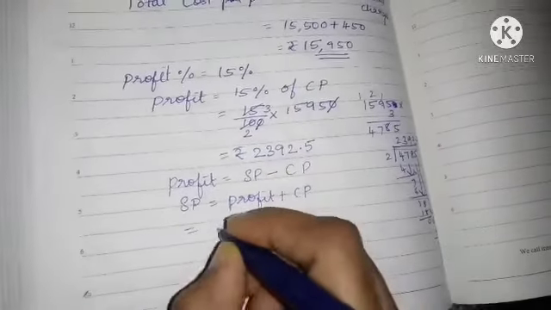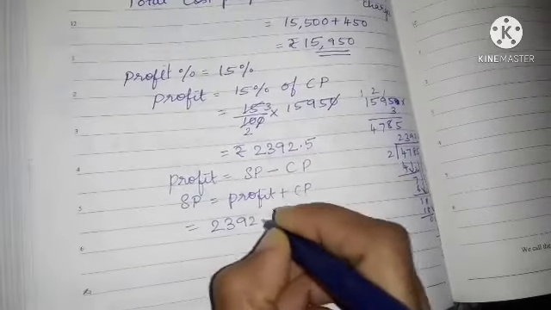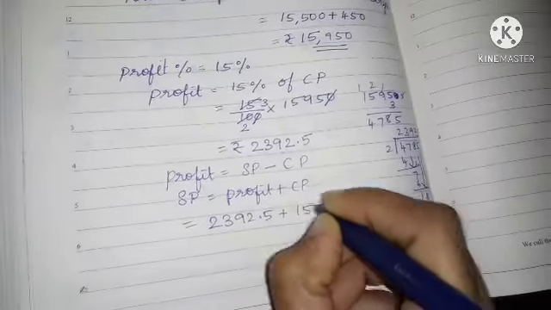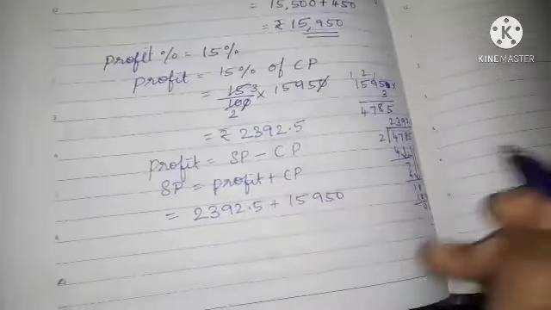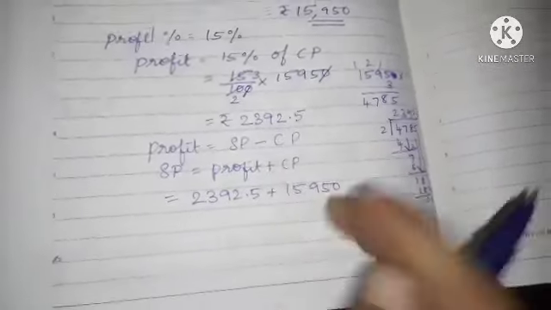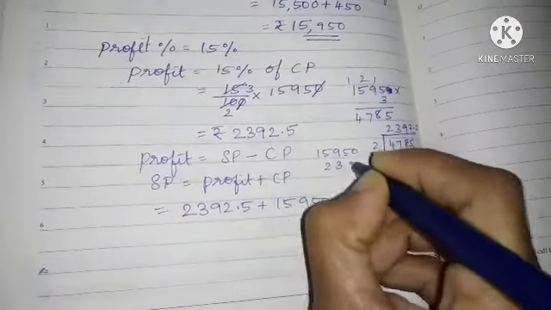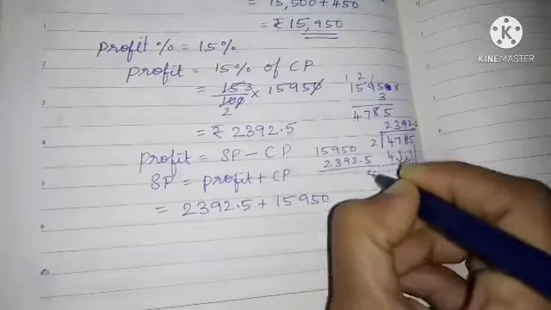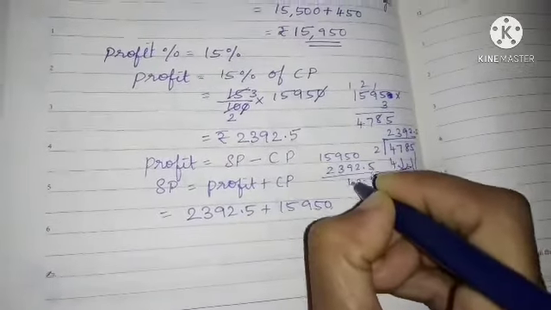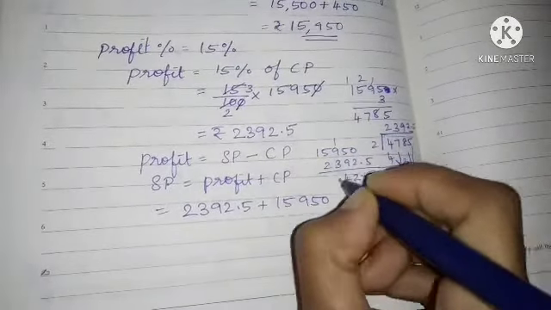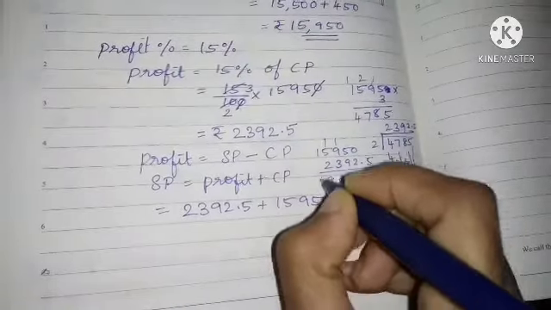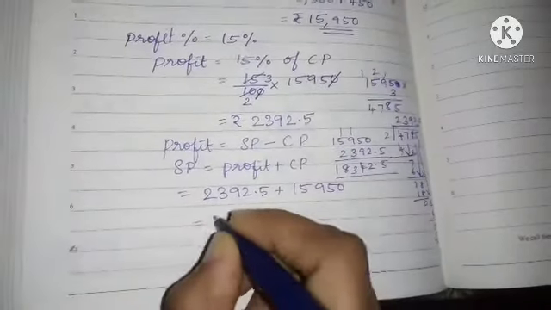What is your profit amount? 2392.5 plus 15,950. Okay, 15,950 plus 2392.5: 5, 2, 4, 14, 13, 8, 1. So what is your selling price you are getting?